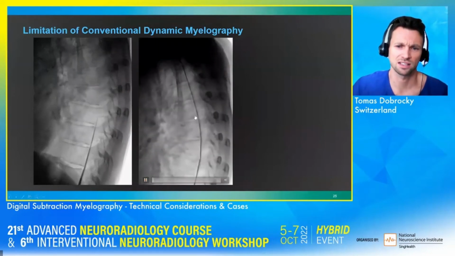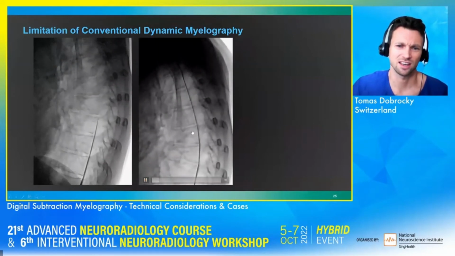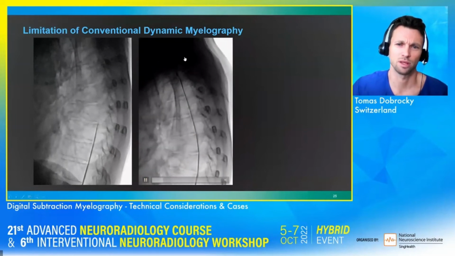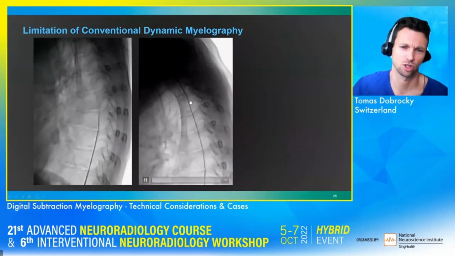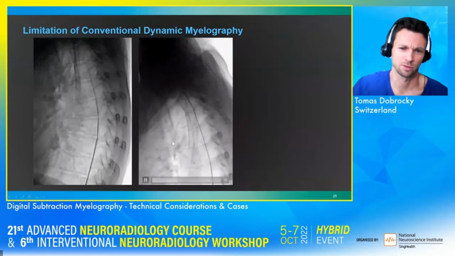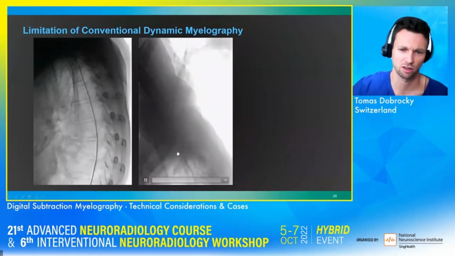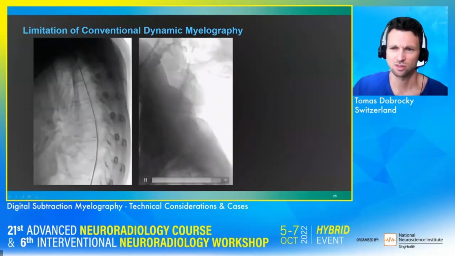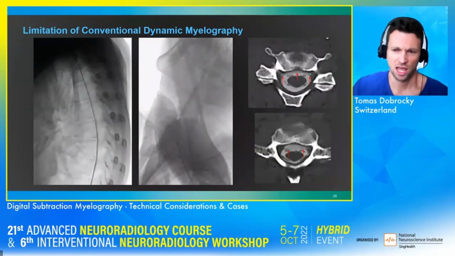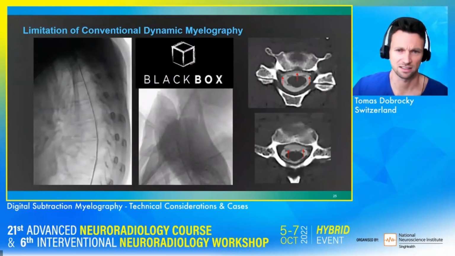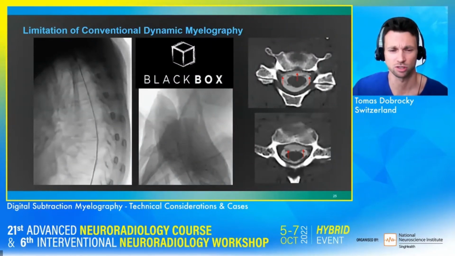But as we advance higher up, into the cervicothoracic junction, the quality becomes very poor because of the shoulders. Even if you change the positioning of the arms, it is really tough to see that region. You see that there is a leak, but you just don't see the level where it leaked. So we have a kind of black box region there.